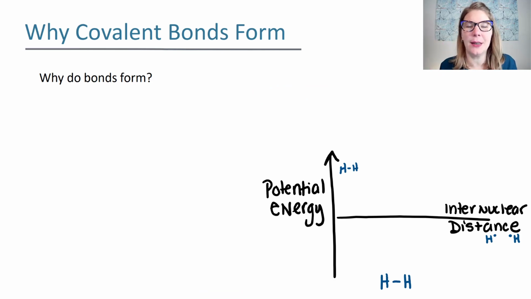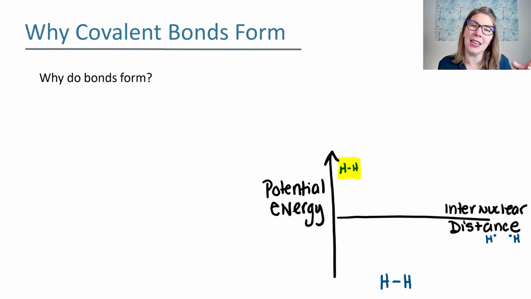So I have the beginning of a graph over here on the bottom right-hand side, and I have potential energy versus internuclear distance. And I have my hydrogens here drawn really close together, right? This is too close. So remember that your hydrogens have a nucleus where the protons are and an electron cloud around it.